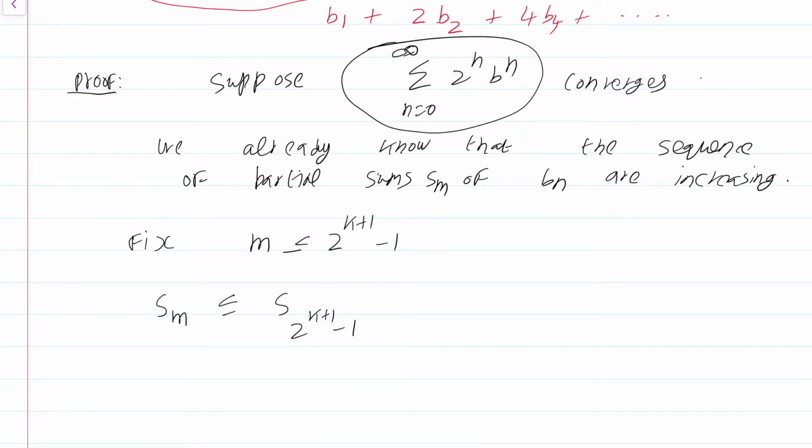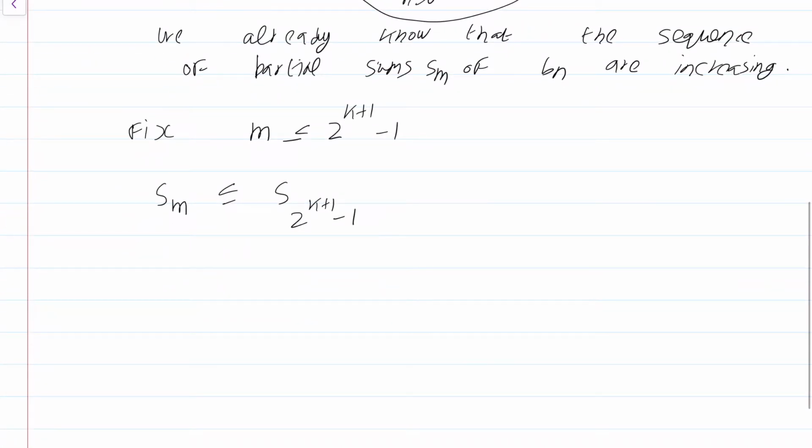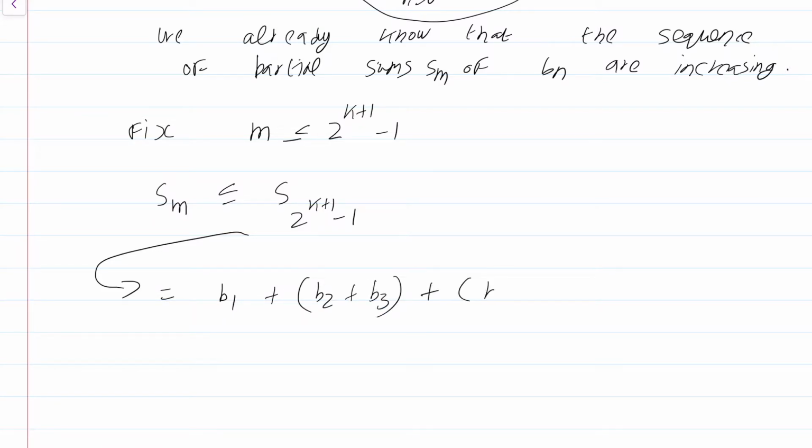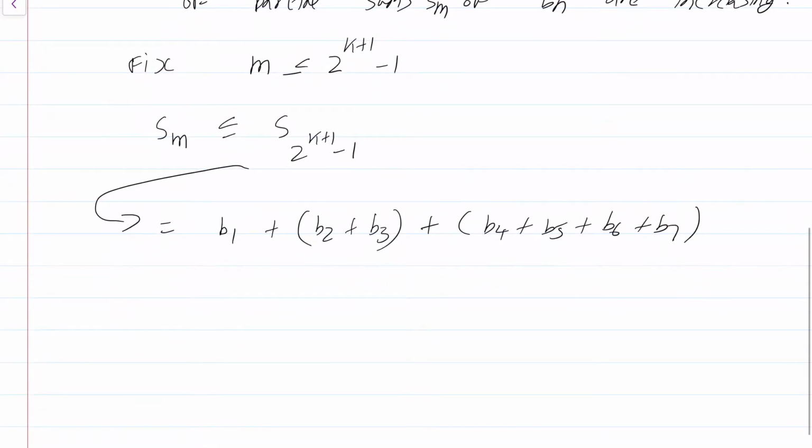Fine. So how does this help? Well, we pull the same trick, which is very similar to what we have already seen in showing that summation 1 by n squared is convergent. This is nothing but b1 plus b2 plus b3, which we group together, plus b4 plus b5 plus b6 plus b7, which we group together, and so on, and finally you start at b 2 power k, go all the way up till b 2 power k plus 1 minus 1.